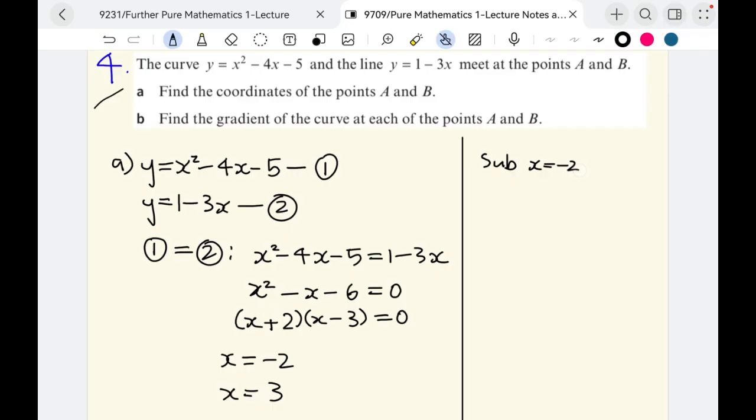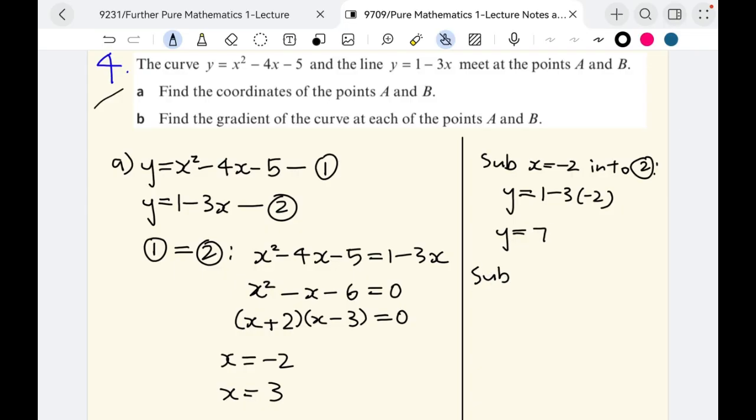So substitute x equals -2 into the second equation because I want to save time. Okay, so the y coordinate when x equals -2 is 7.